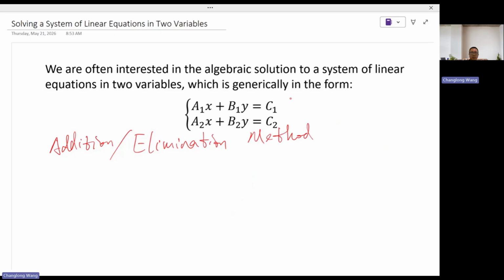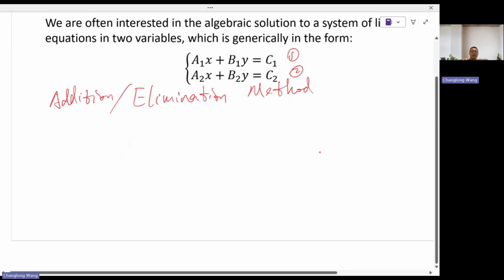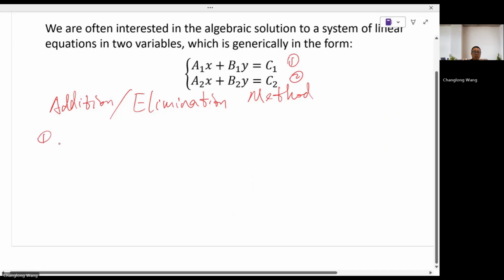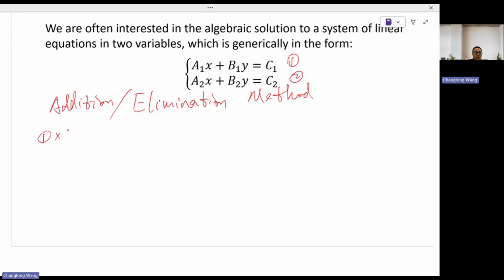Okay. So what we need to do is eliminate either x or y from the two equations, but I need to match their coefficients before I do that, right? Let's say I want to get the x solved first. So I need to get rid of the y. But there's no reason why b1, b2 are the same. So what I can do is multiply equation 1 across the board with a constant b2.